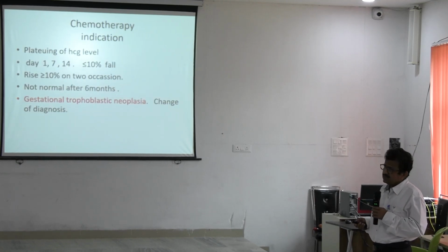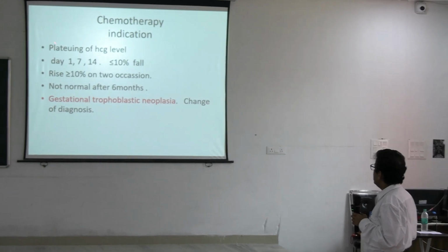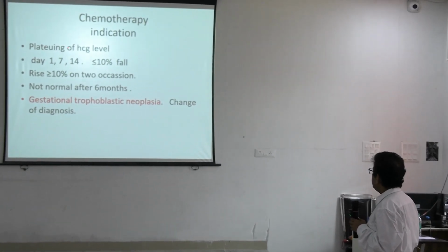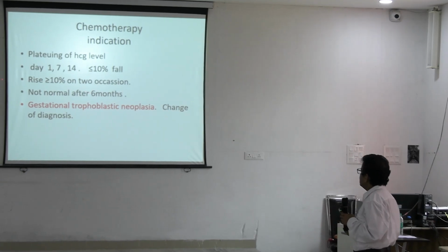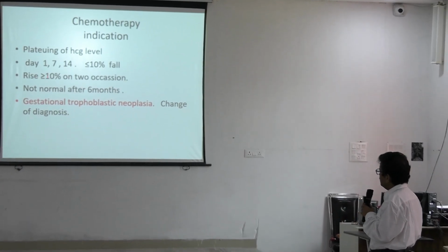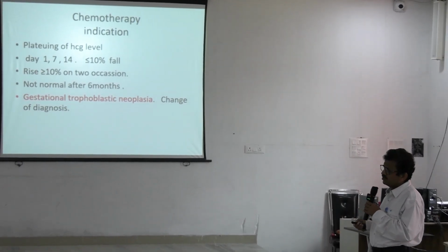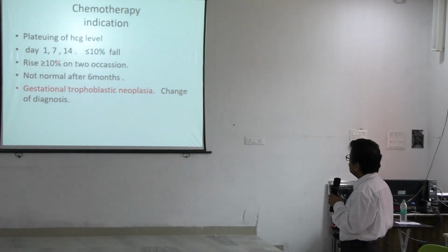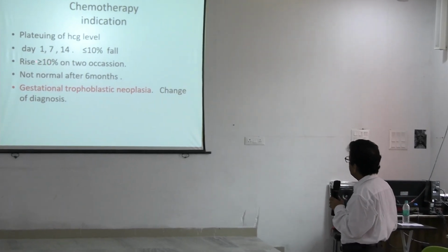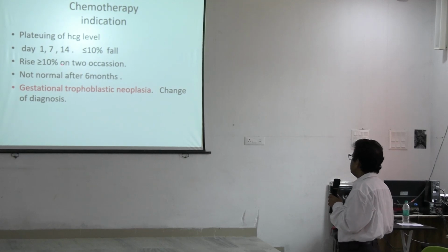So if there is failure to fall, that is plateauing of beta hCG, or there is a rise of more than 10%. Baseline USG, baseline hCG we have already mentioned. So above the baseline, if there is a 10% rise, that means there is a rise.